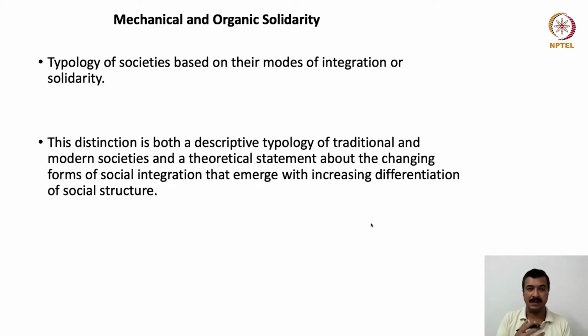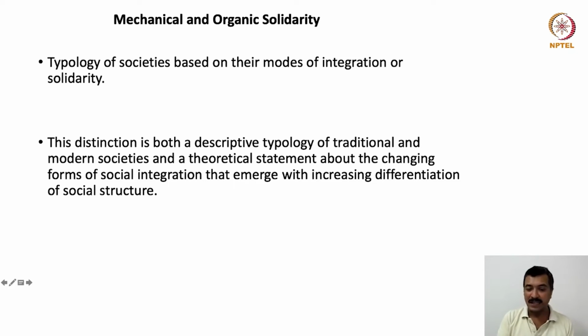The basic aim of Durkheim is to explain social change by bringing in the connection between collective conscience and social morphology. So he's talking about two types of solidarity, this sense of we-feeling, of feeling attached to a collective set of ideals.